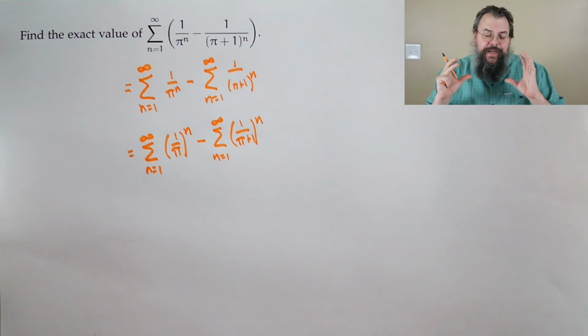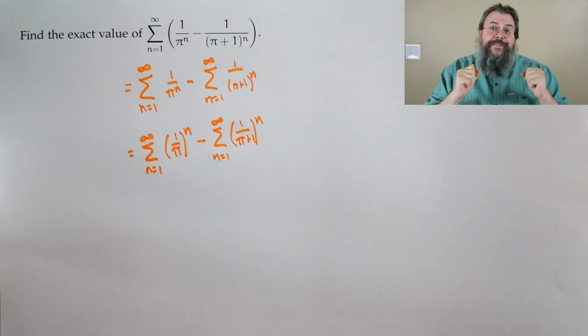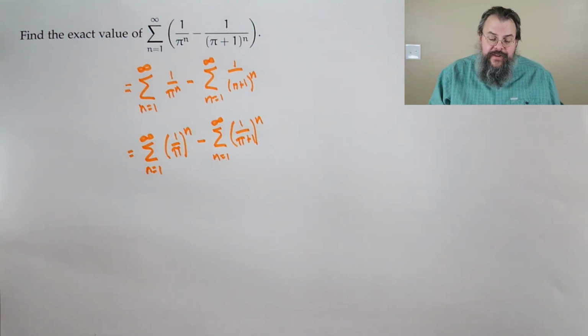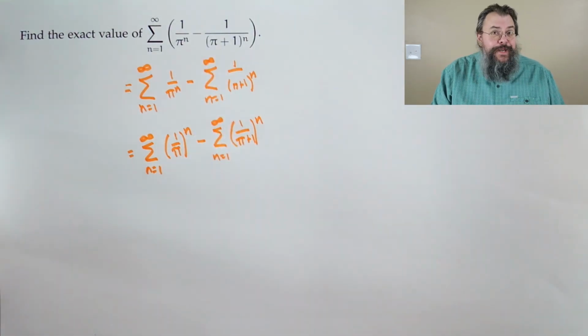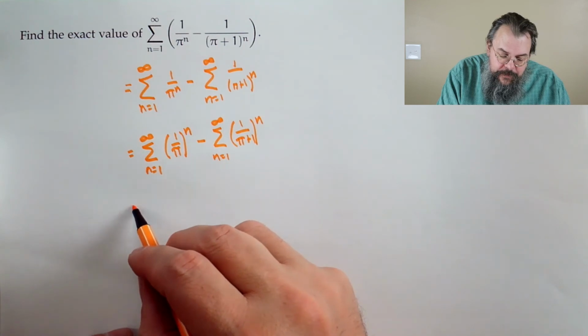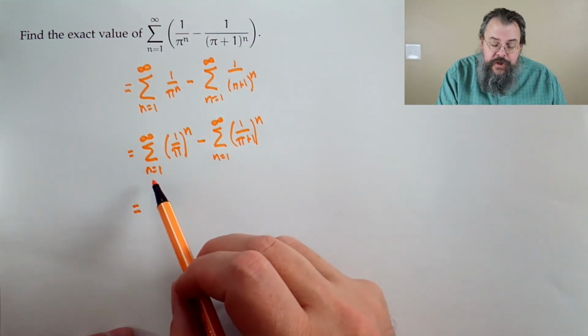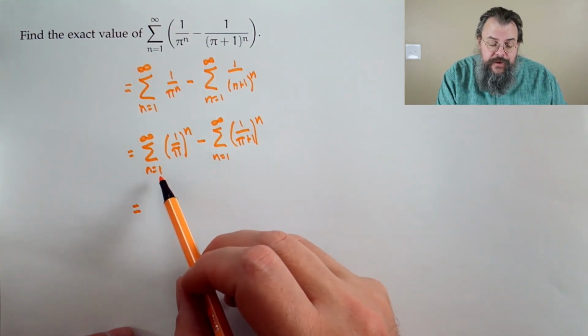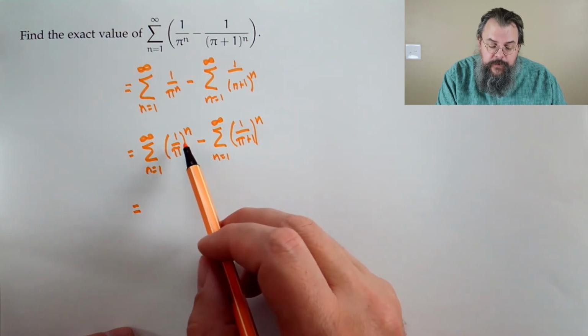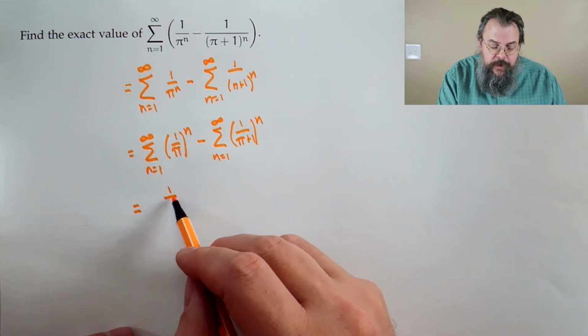Now, we say, okay, yeah, this looks geometric. Everything looks great. They were being a little tricky here, but all right, we finish up. We're starting with n equals 1. So we look at the first term. The first term, we plug in n equals 1, would be 1 over pi.